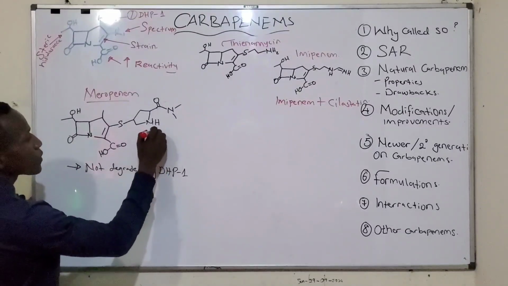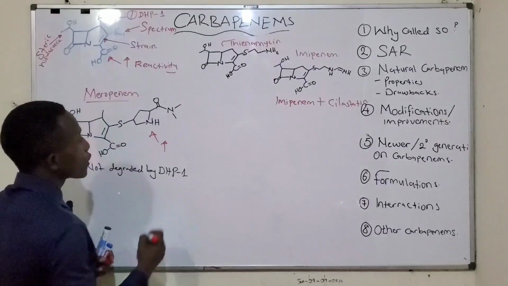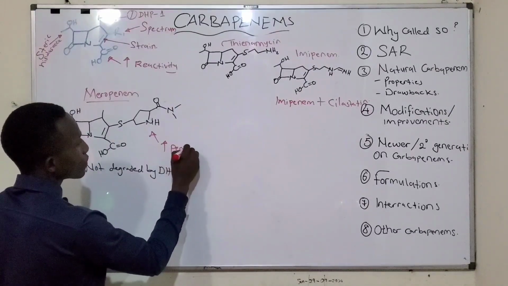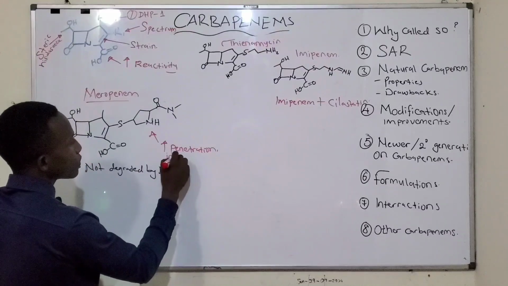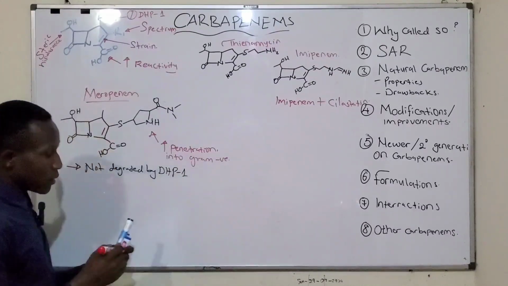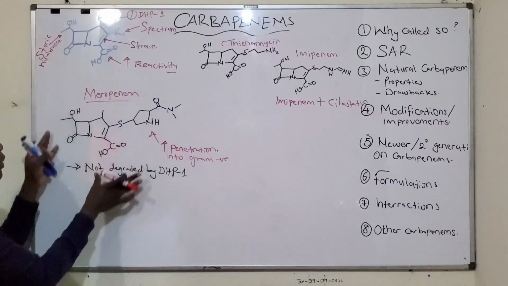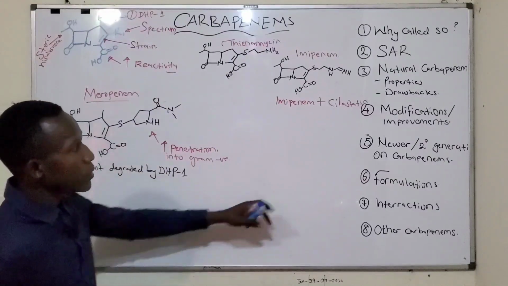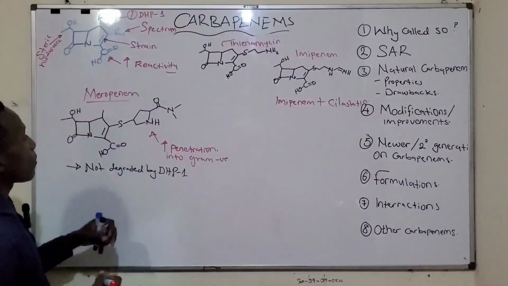And this group here increases the penetration into the gram-negative bacteria. So this is meropenem. These modifications were made to make the second generation carbapenem.